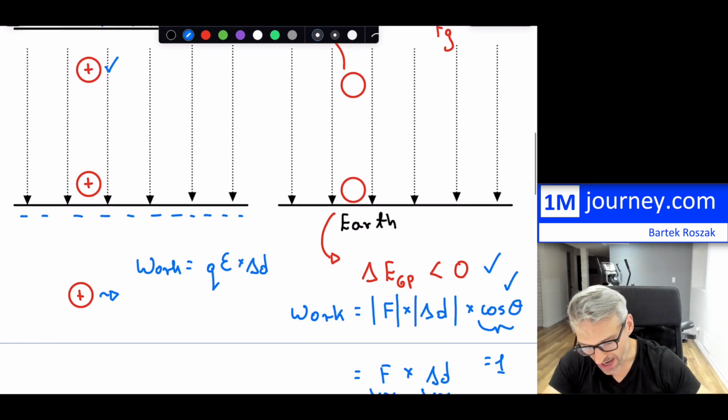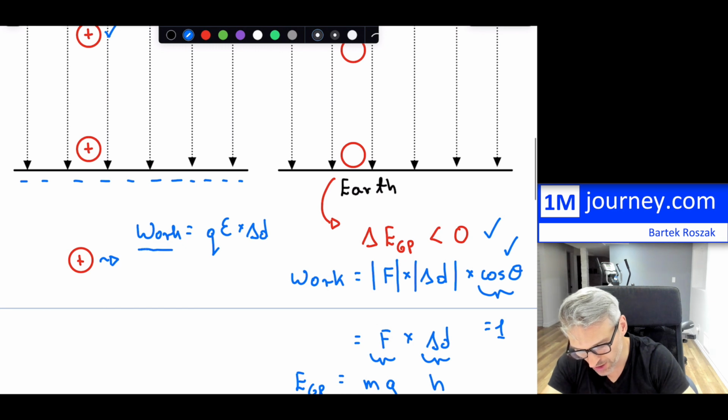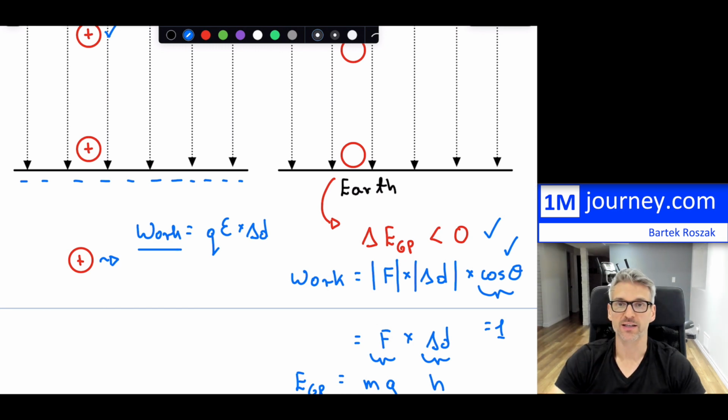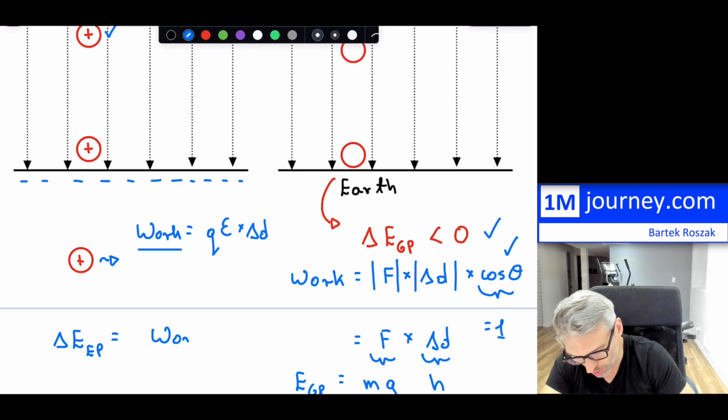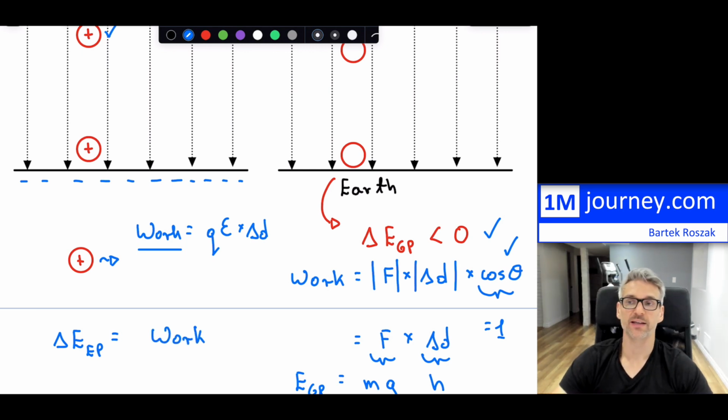And now that work would have been the potential energy difference. So what is the difference in the potential? In this case, it's electric potential. So that particular difference that we have is equal to the amount of work which is done. And now the question arises, is it positive or is it negative?